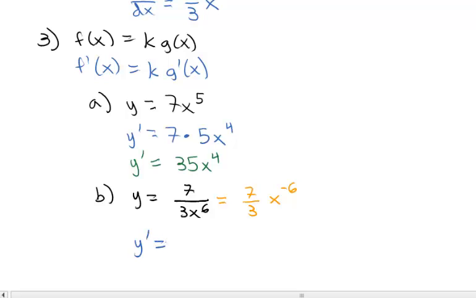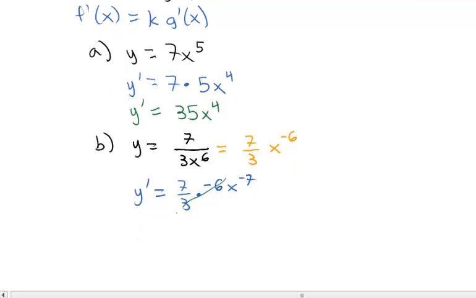Y prime, the derivative, is equal to 7/3 times the derivative of x to the negative sixth, which is negative 6x, subtract 1, to the negative 7th. And we can simplify this. 6 over 3 is going to be negative 2, so we have y prime equals 7 times 2, negative 14, x to the negative 7th. That's our third property.